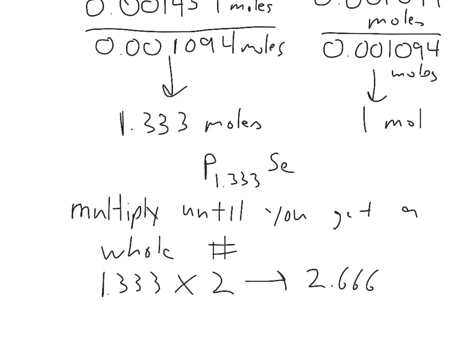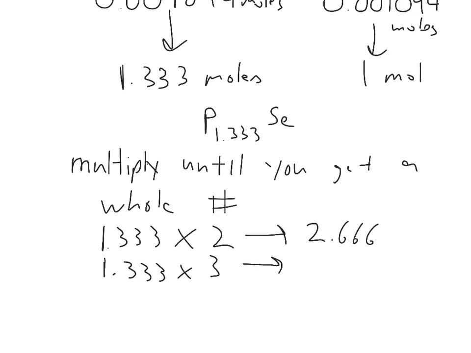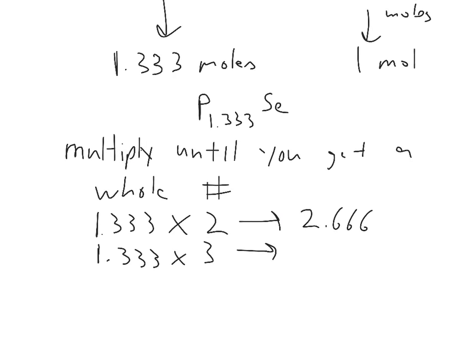What do we do if we take 1.33 and multiply it by 3? Hopefully you can see that 0.333 is the same fraction as a third. But 1.33 times 3 is roughly 4. That's a whole number.